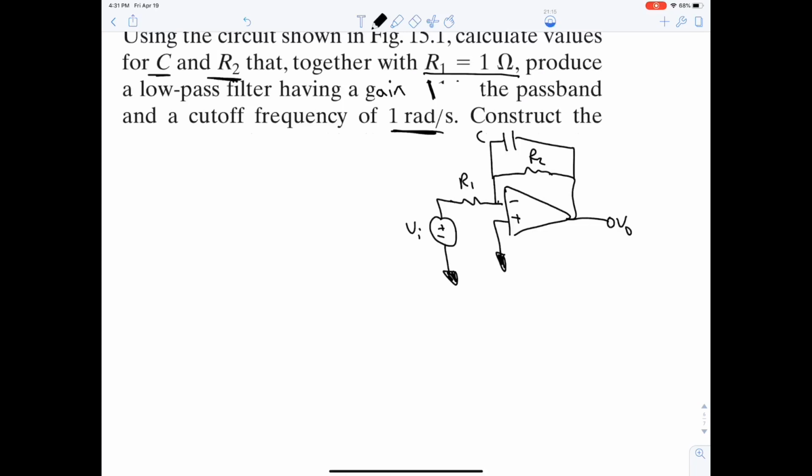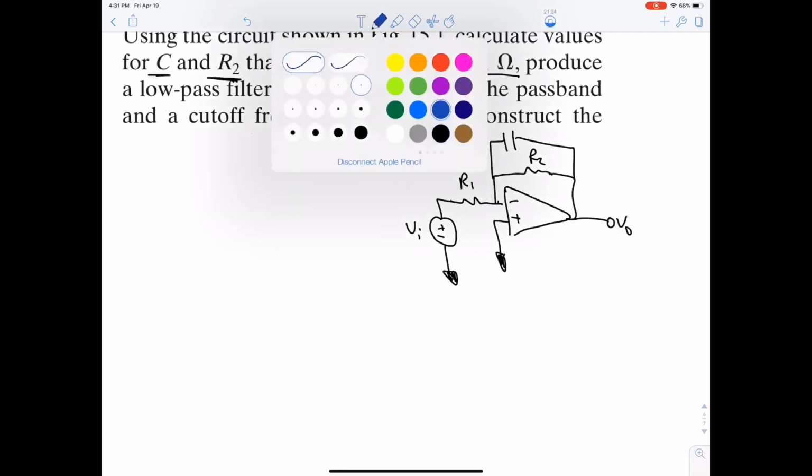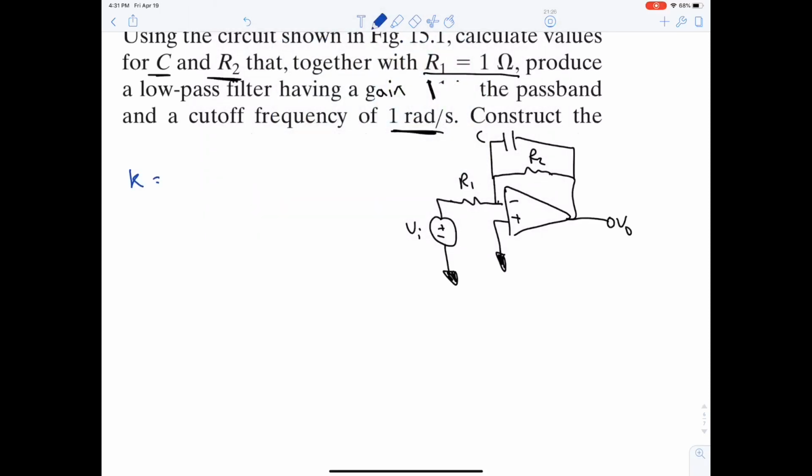So how can we find the value of the capacitor and R2? We know that the gain is always equal to the top resistance divided by the bottom resistance. Gain is 1, R2 is unknown, and R1 is 1. So R2 is equal to 1 ohm. Solved.